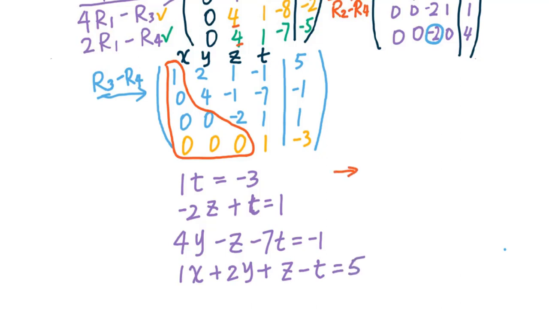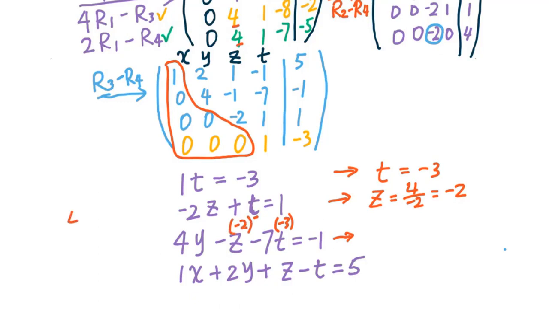So from the first one, we get t equals negative 3. Then we substitute this t into the next equation. You will get z equals 4 over negative 2, which is negative 2. Then from here, we know t is negative 3 and z equals negative 2.